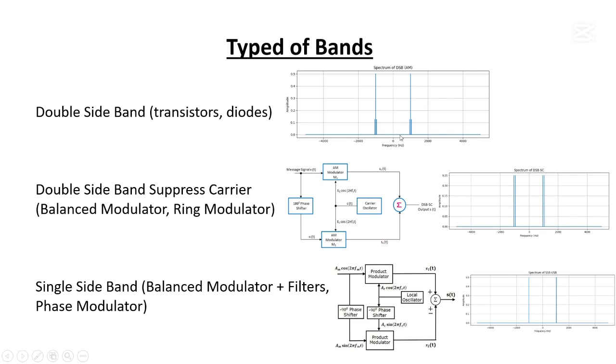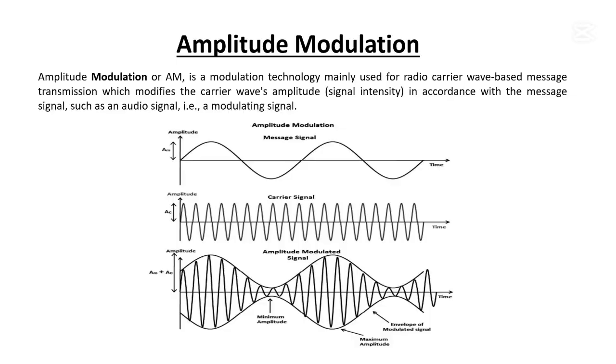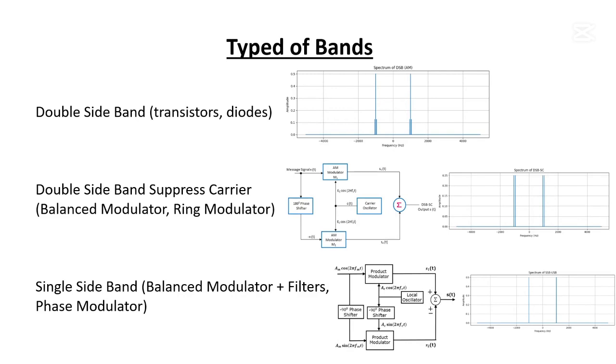Anyways, first of all, take the example here: if the carrier signal is 1000 hertz, then in the double sideband transmission we will have a carrier signal, the upper signal, and the lower signal.